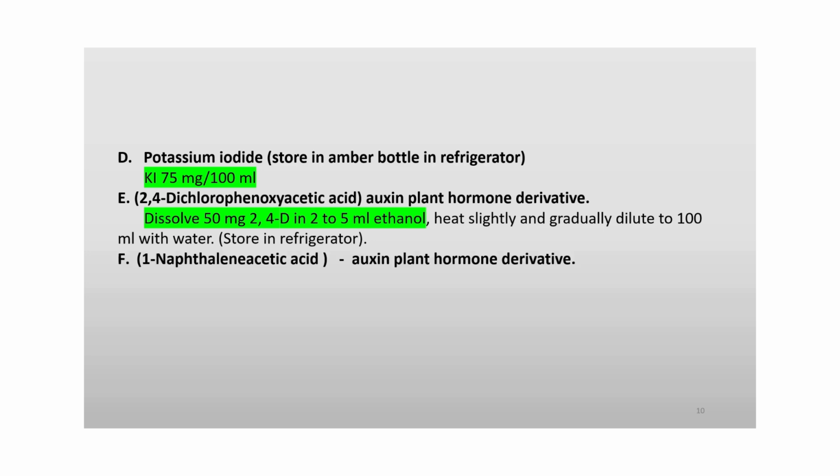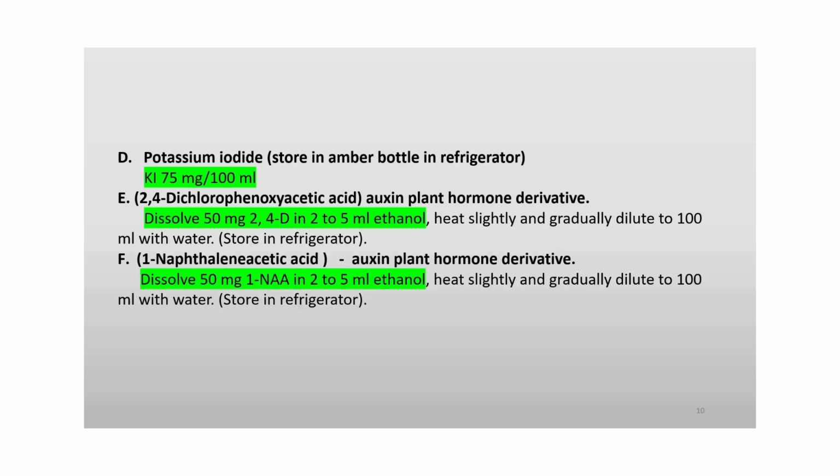Store in the refrigerator. 1-naphthyl acetic acid is also an auxin derivative, a plant hormone derivative: 50 milligram of naphthalene acetic acid in 2 to 5 ml of ethanol. Heat slightly and gradually dilute to 100 ml with water and store in the refrigerator.